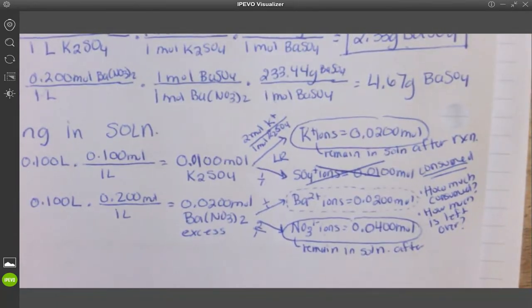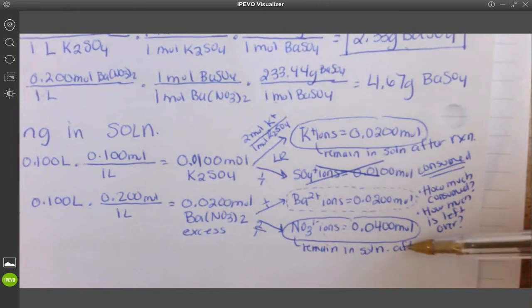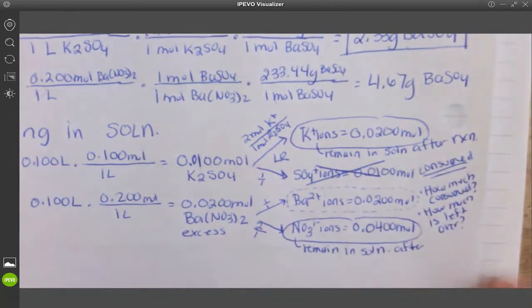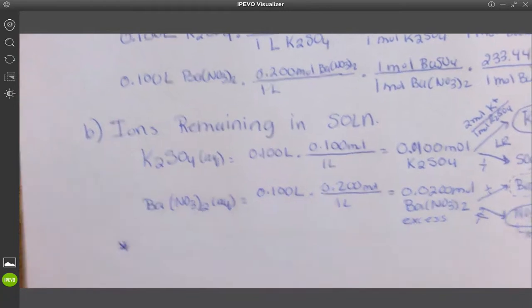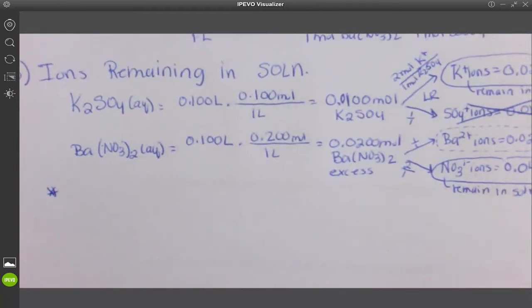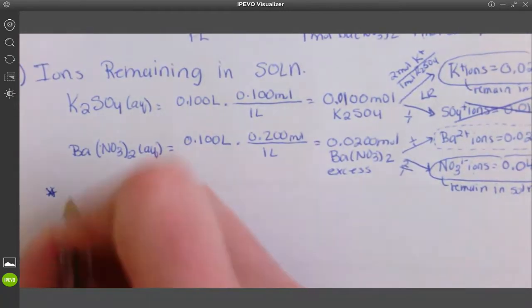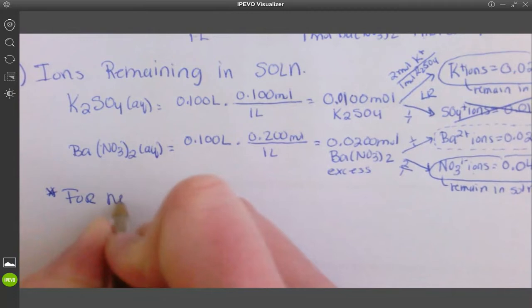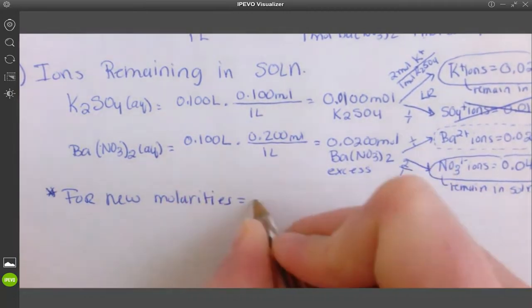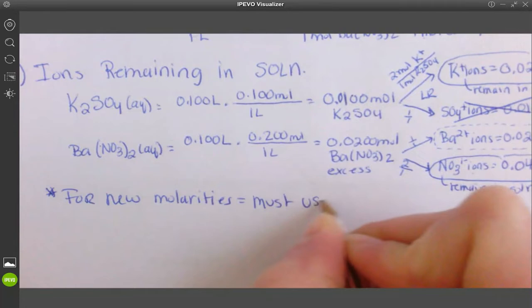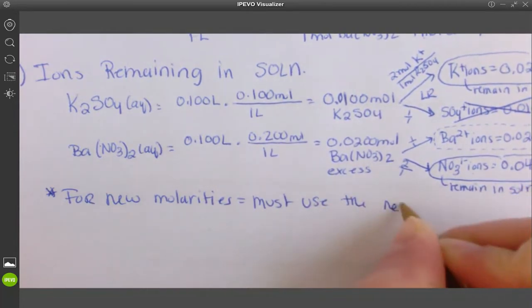Okay, so we have a couple things that we're going to have to do with that. Let's first just deal with the 2 spectator ions and find their new concentrations. One important thing to note here is that as we find all these concentrations of ions after, for all of our new molarities, we must use the new combined volume.